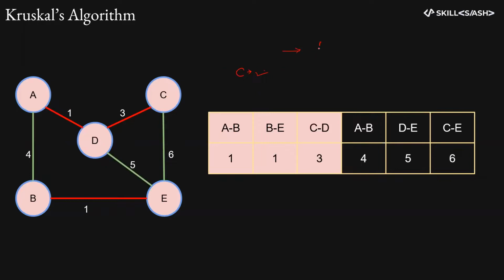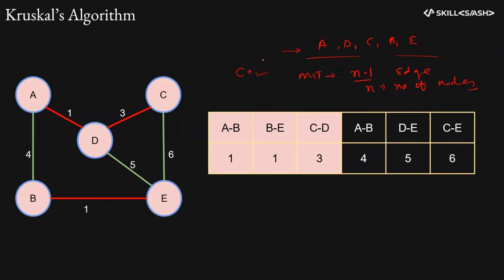If you see A, D, C, B and E, we have covered all the nodes with three edges only. But the minimum spanning tree's rule is that it should have exactly n minus 1 edges, where n is equal to the number of nodes. That is the definition of a spanning tree. So that is not being covered over here.